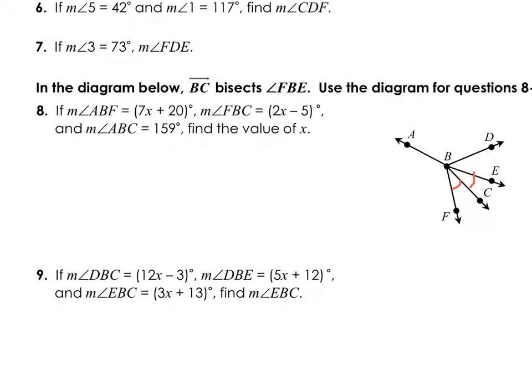It says ABF is 7x plus 20. So we got here ABF, he's 7x plus 20. Okay. And then we have FBC is 2x minus 5.